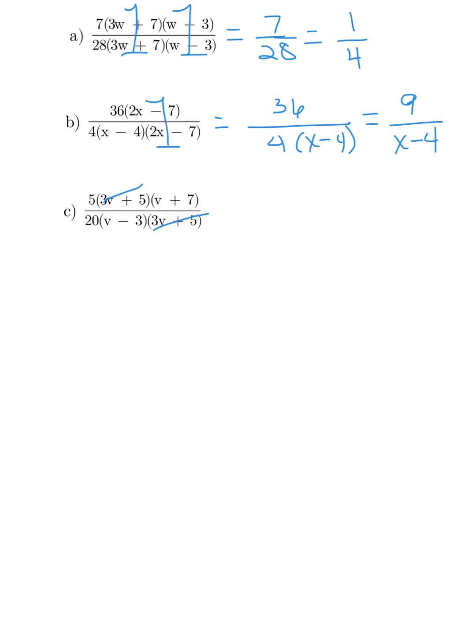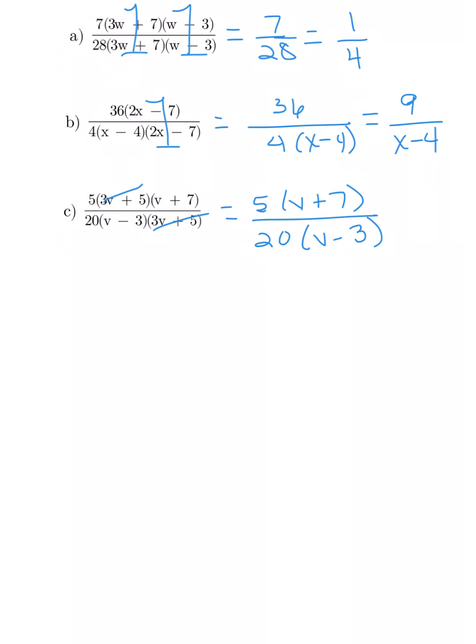So we're going to just take those out. Now we are left with 5v plus 7 in the numerator and 20 times v minus 3 in the denominator. The two quantities do not simplify. You cannot simplify unless the quantities match exactly.